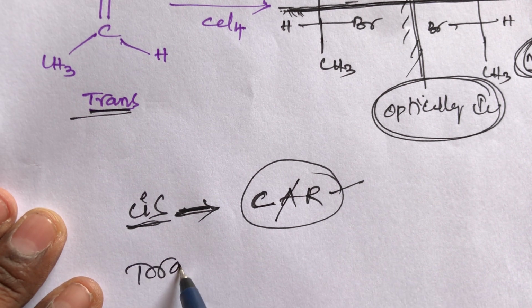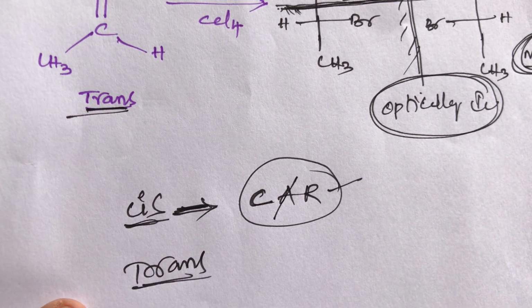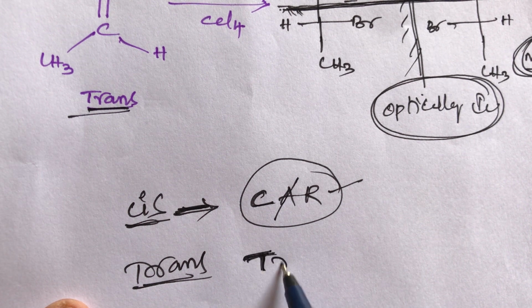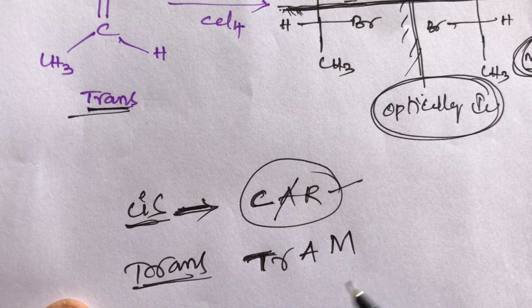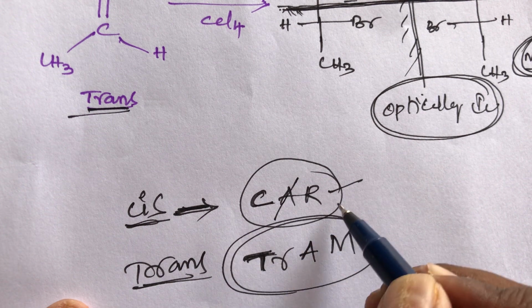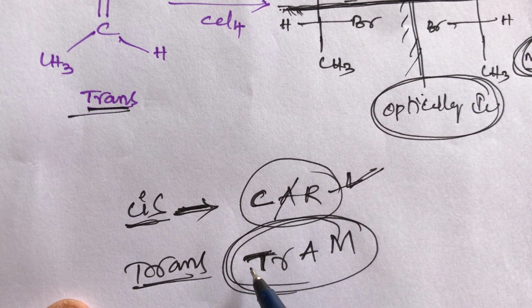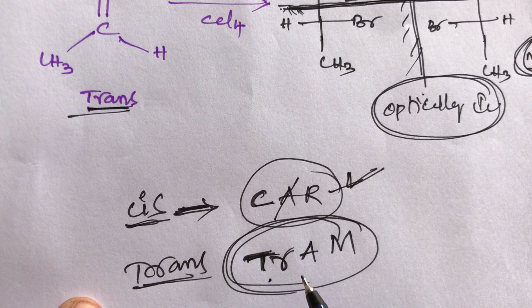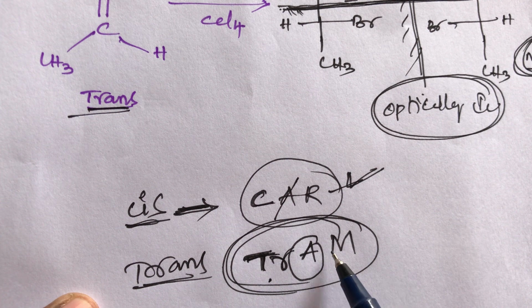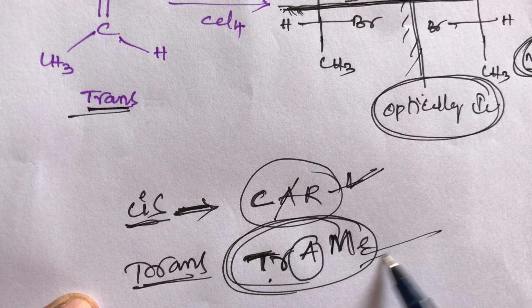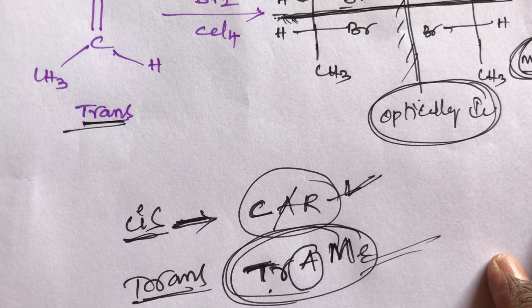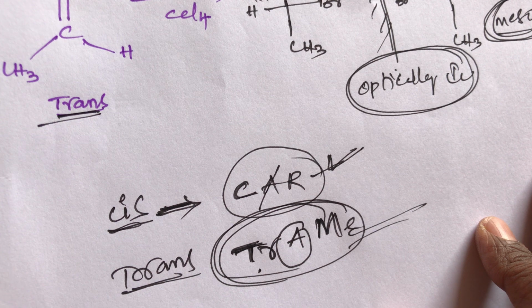But the trans compound will undergo anti-addition reaction to form a meso compound. This is a CAR, and this is a TAM: trans compound will undergo anti-addition reaction to form M, meaning meso compound. This is a simple trick, students. So these are the anti-addition reactions in alkene, that is cis-2-butene and trans-2-butene, students.